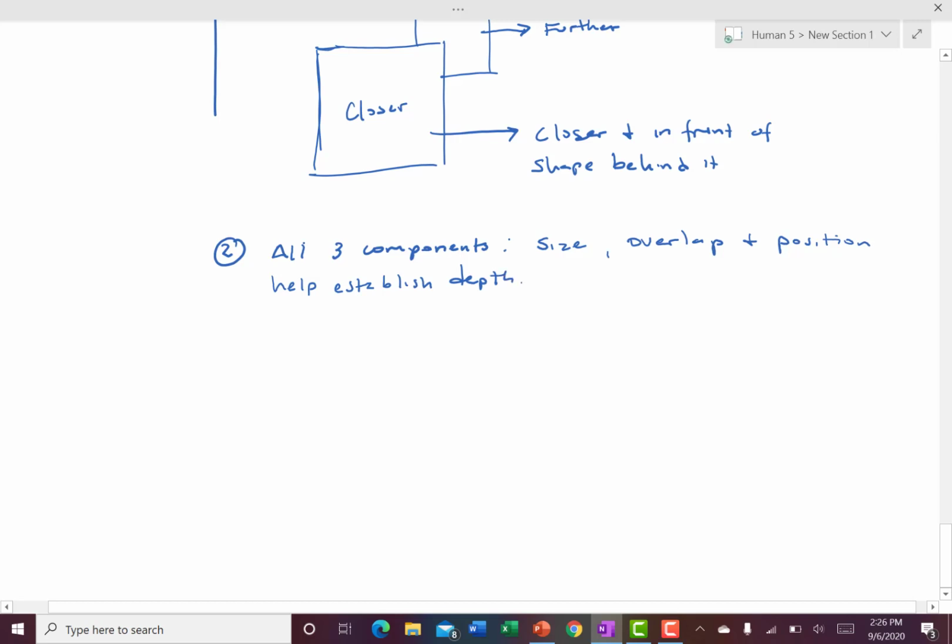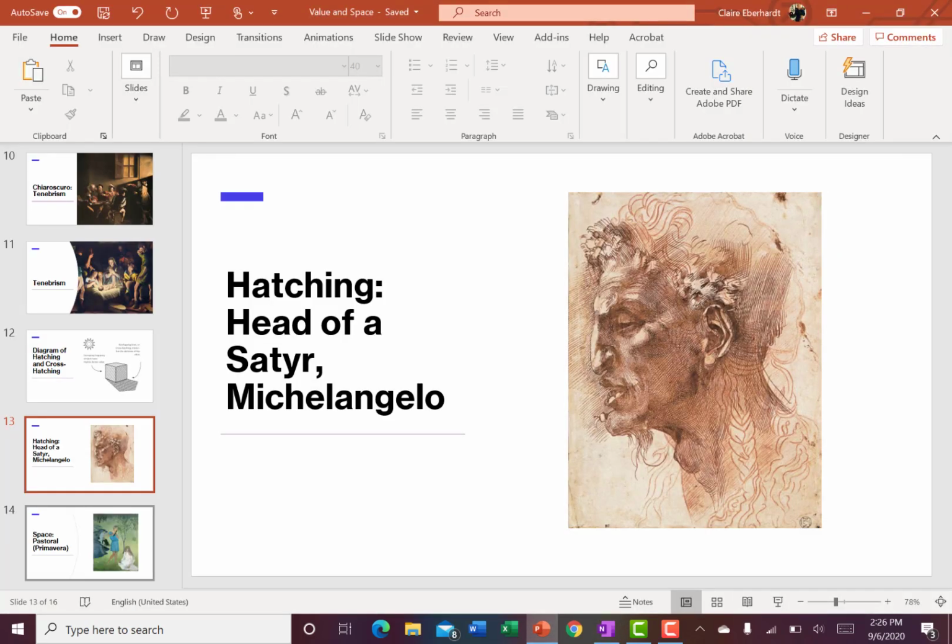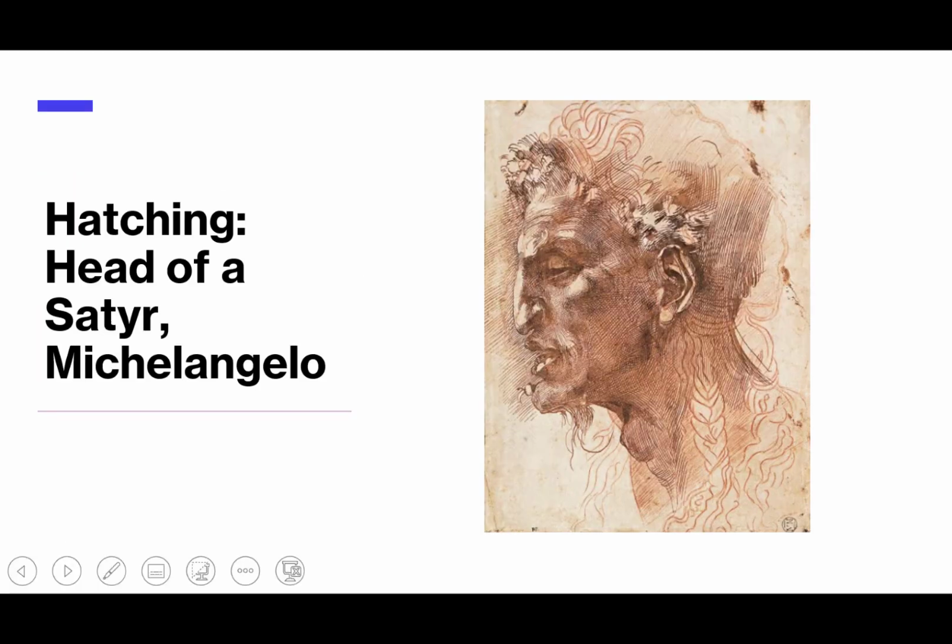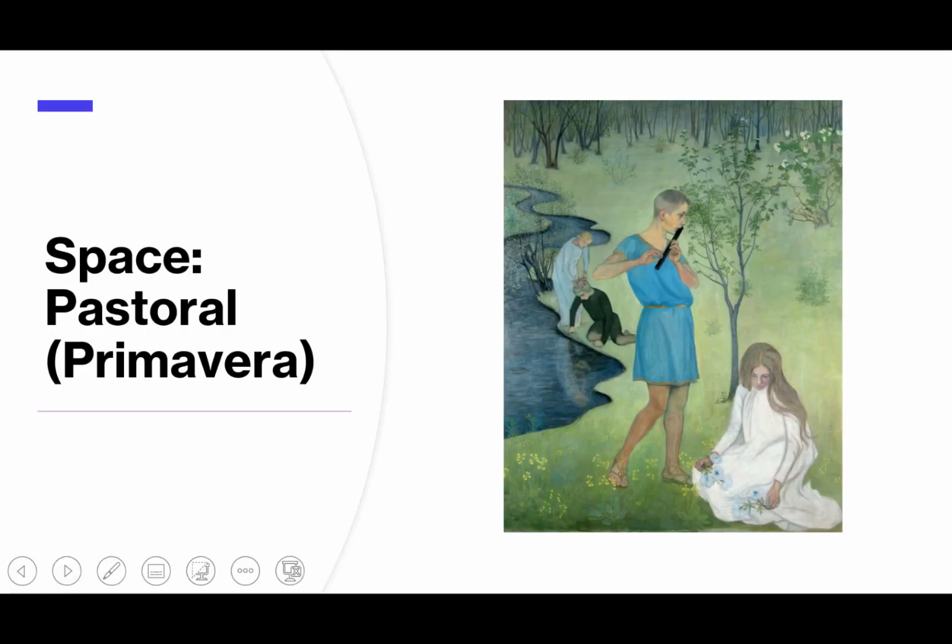And we'll look at that in an example of art here. This is for space, right? Pastoral or Primavera.